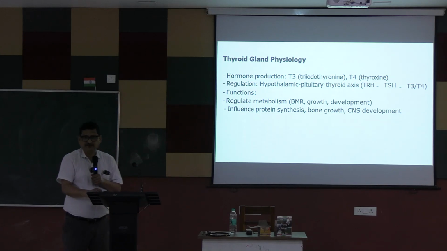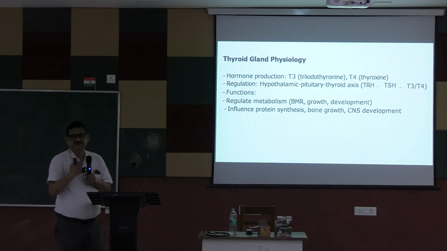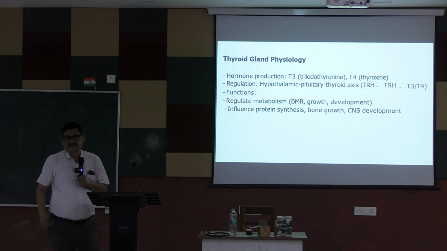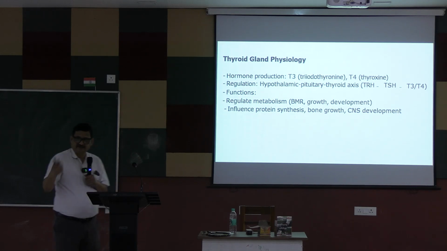Primary hypothyroidism is where the pathology is in the thyroid gland. Secondary is where the pathology is in the pituitary gland. And tertiary is where it is in the hypothalamus. We will discuss it again in the next class.